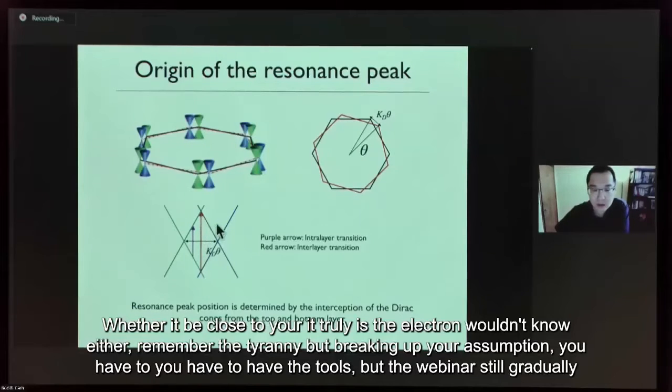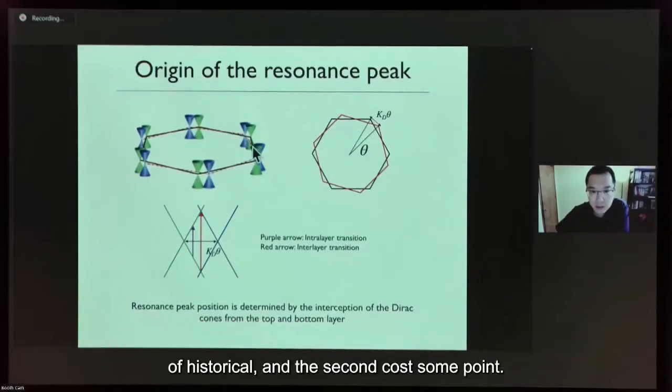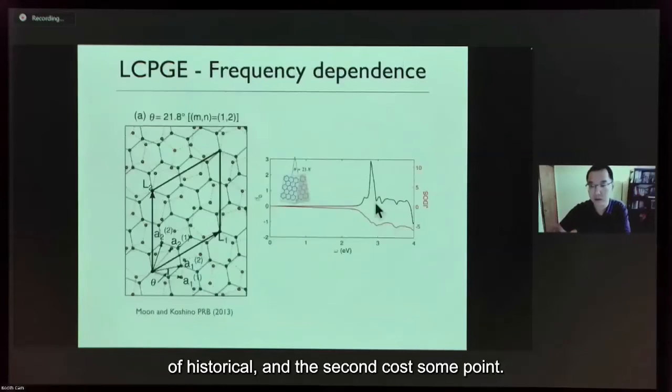And of course, if you consider the intersection between these two chiral cones, you have one frequency. You can also consider the intersection of this chiral cone and this chiral cone, which will have a second crossing point. So those are the two crossing points that we are talking about.